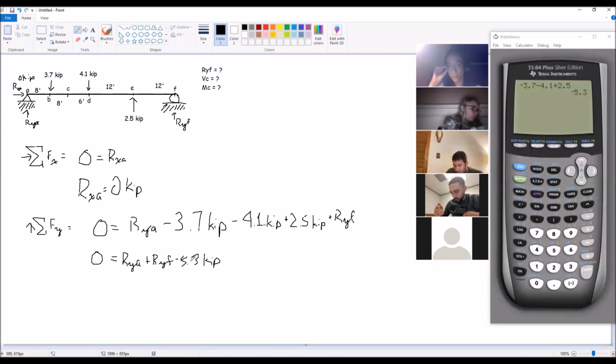All right, so now we just move this to the other side. So we have the unknowns on one side and known values on the other side. So this is going to be RYA plus RYF is equal to 5.3 kips. Basic algebra, we just moved this coefficient to the other side.